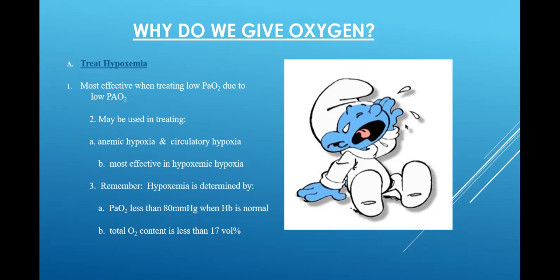A low PaO2. That's the number one. Hypoxemic hypoxia is just another word for saying you have a low PaO2. That's why I said number one, most effective when treating a low PaO2 due to a low PAO2. That's called hypoxemic hypoxia.